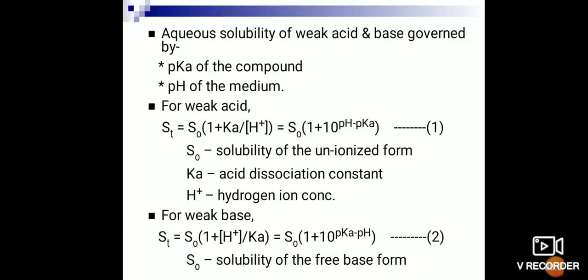For weak base, St equals S0 (1 plus H plus divided by Ka), or another equation is S0 (1 plus 10 raised to pK minus pH). Here St is the total solubility of the drug, and S0 is the solubility of the free base form.